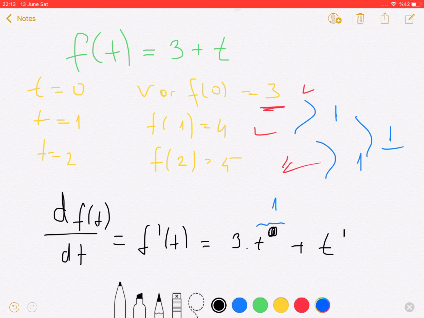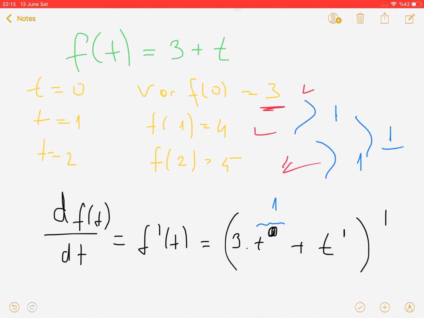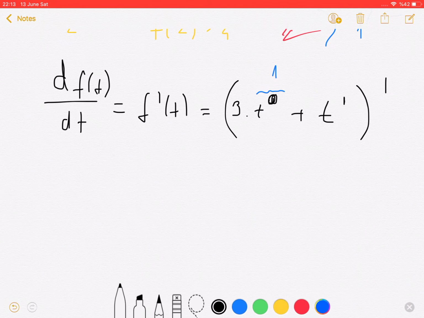So when I take the derivative, let's write that. I will put the exponent in front as a multiplier, and I decrease the exponent.